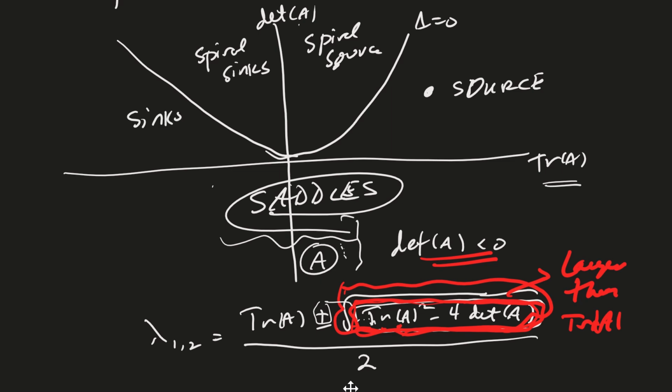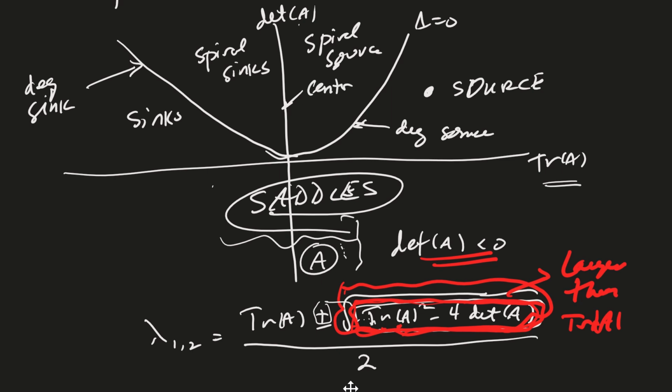If we hit the curve, we end up with a degenerate sink. Or if we hit this curve, we get a degenerate source. And then if we hit this one, we get a center.